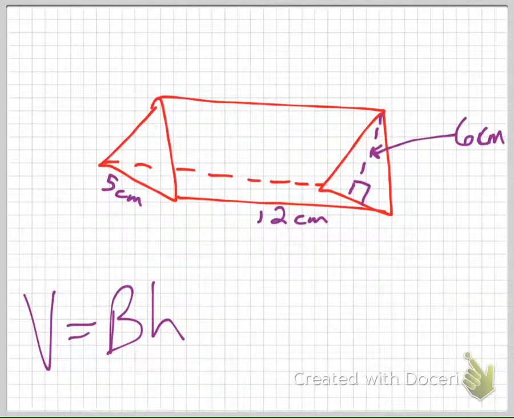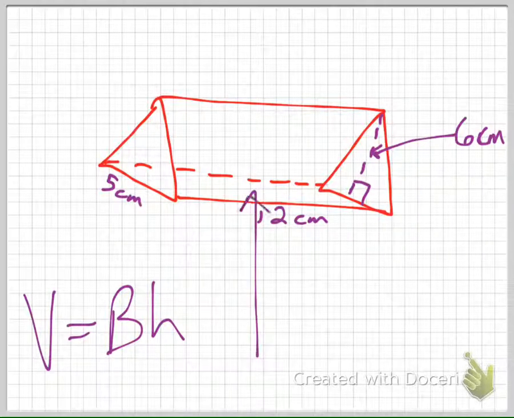What is the base? It is not 5 times 12. It's not 6 times half times 5 times 12. No. You need to listen. You need to visualize this. It's talking about the area of the base of the prism. What is the base of this prism? The triangle is the base of this prism, right?